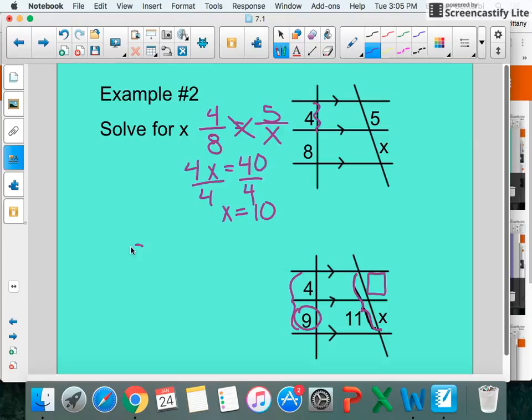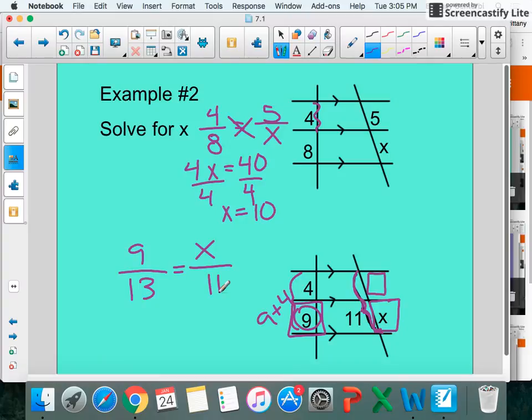So I'm going to do 9 over the whole. So 9 plus 4 gives me 13. So 9 over 13. Now what I did was I started with the bottom here, so I'm going to start with the bottom here. So I'm going to put X on the top. And then I'm going to use the whole length again, which is 11.